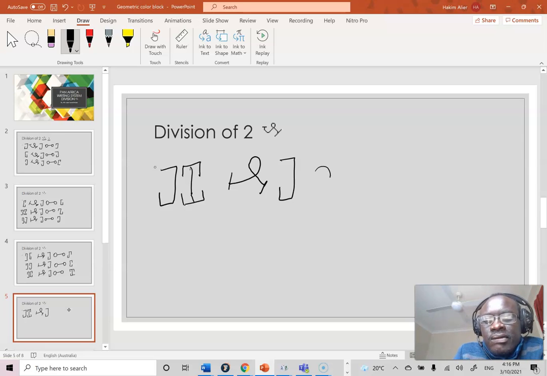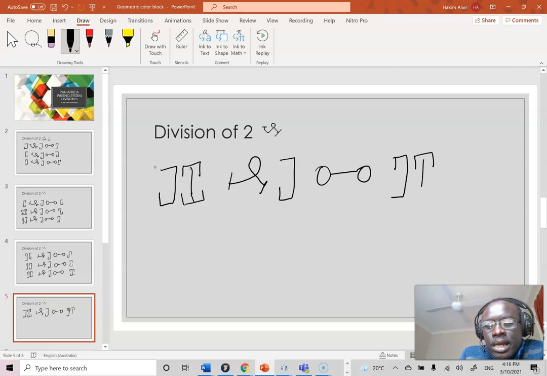Okay, so 20 divided by 2 will give me 1 and 0. So 1 and 0 will give me 10. That's equal to 10. So 20 divided by 2 will give me 10.